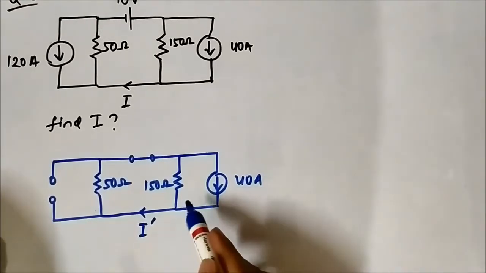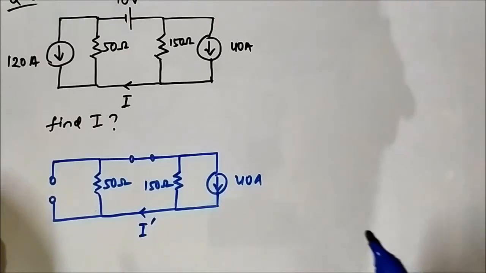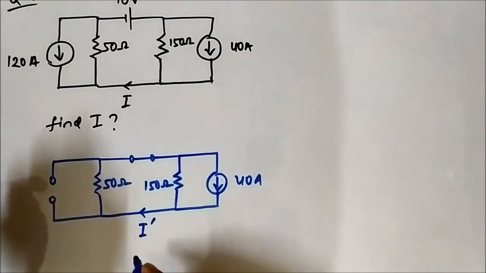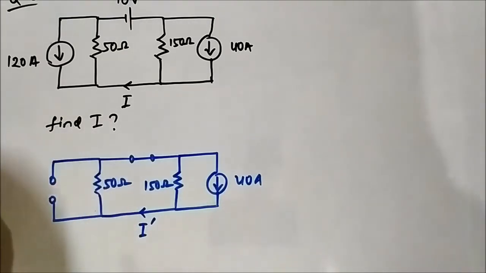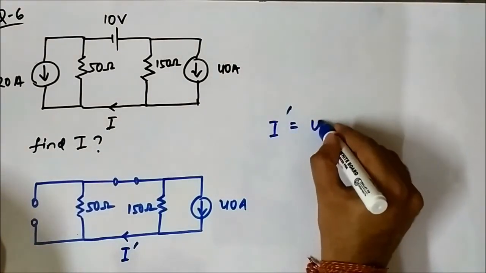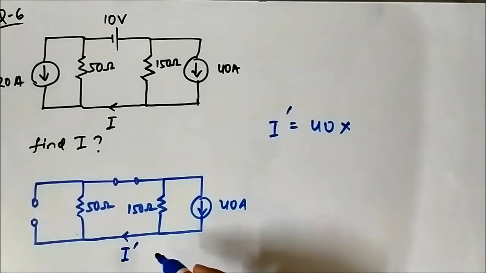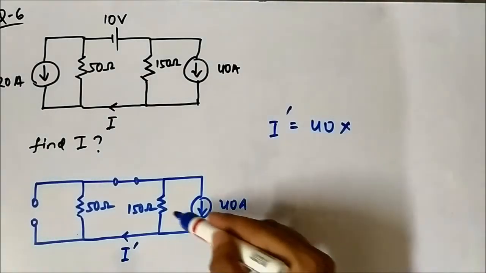So this is a two resistor form. We can apply current division rule here. So I dash, we can calculate it as 40 into the other resistor, which is 150.